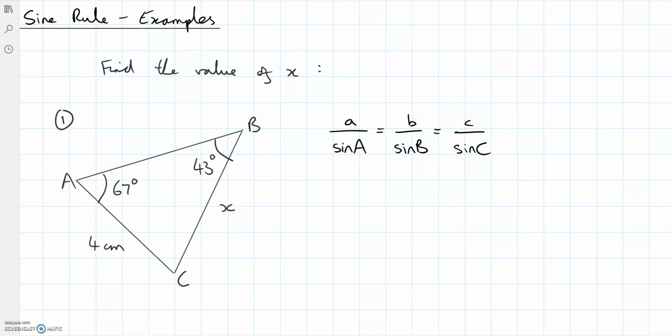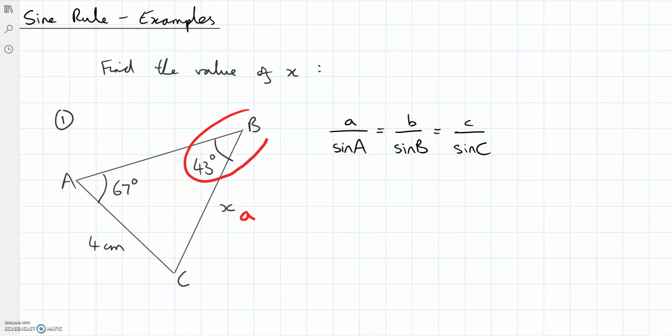So we're going to sub into our formula, but first of all we need to label our triangle. Remember, we always label lowercase letters opposite their uppercase angles. So opposite our capital A, which is the value 67, the length of that side is going to be called little a.